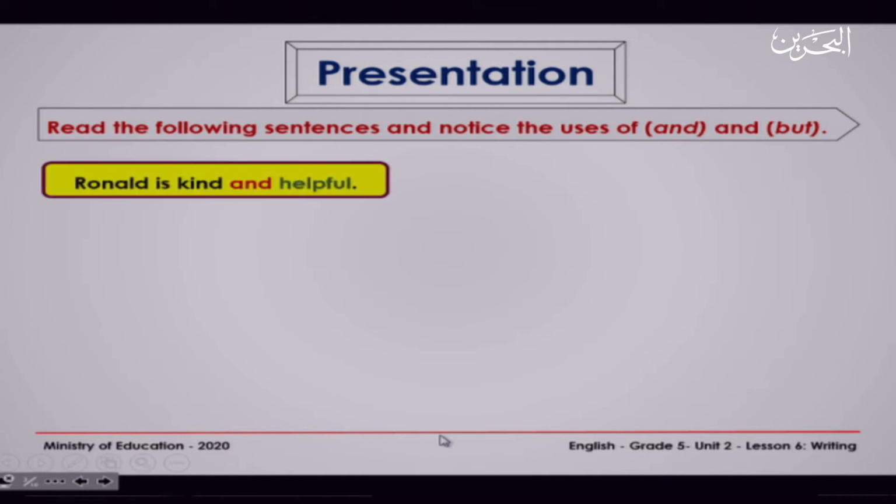Now let's read together. While reading, I want you to notice the use of and but. Let's start. Ronald is kind and helpful.